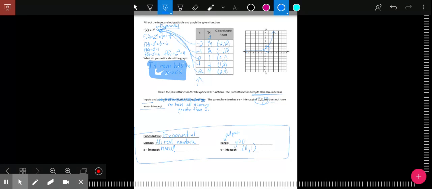Okay, and we're going to plot all of our points: (-2, 4), (-1, 1), (0, 0), then (1, 1), and then (2, 4). And we're going to connect those. It's going to give you a nice curve.